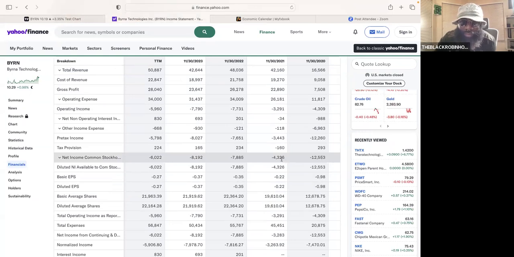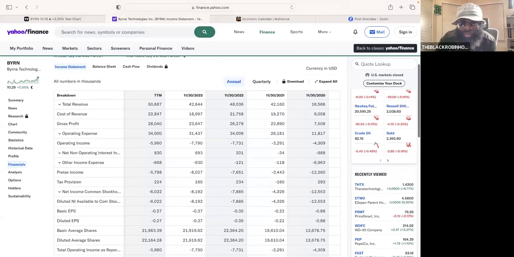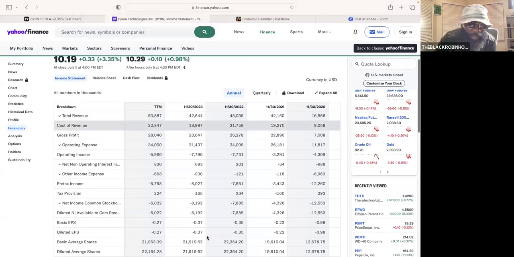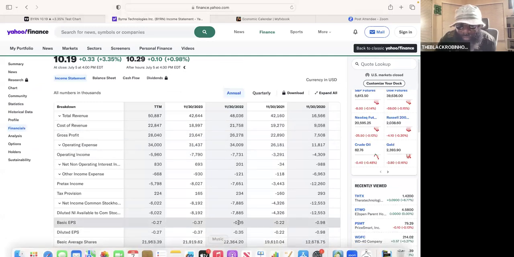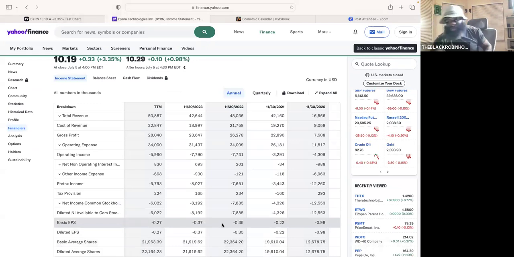They lost 4 million in 2021. Then it went up to 7 million. Then it went higher. So they're losing money. But if they report higher revenue, it's likely gonna pop.